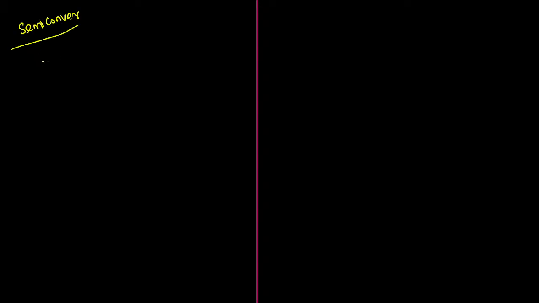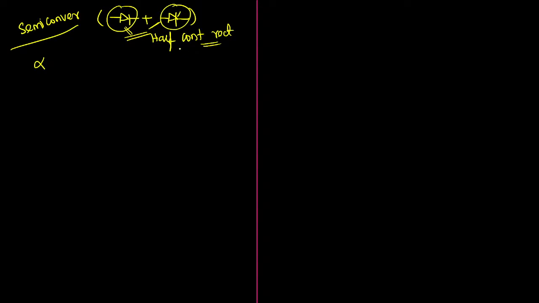The semi converter is the combination of diode plus thyristor. That is called a semiconverter. Sometimes it is also called a half controlled rectifier. As I told you, this part is controlled and this part is uncontrolled. So in total only one half has control, and the other half is uncontrolled. So it is also called a half controlled rectifier. Don't forget, a semiconverter is also called a half controlled rectifier.